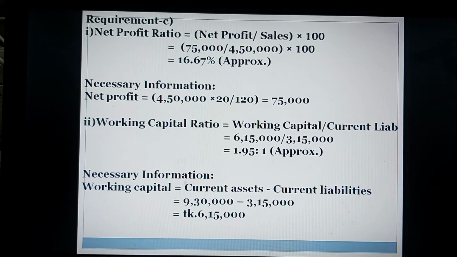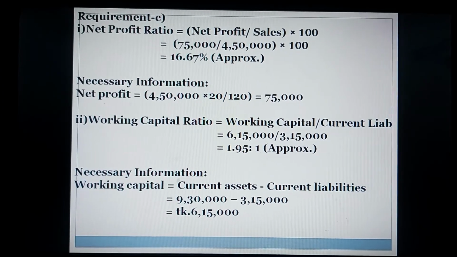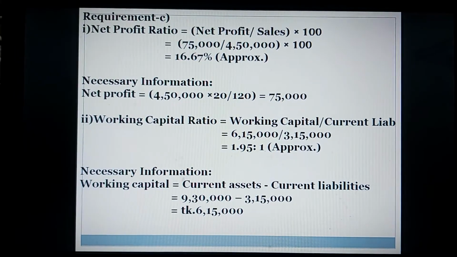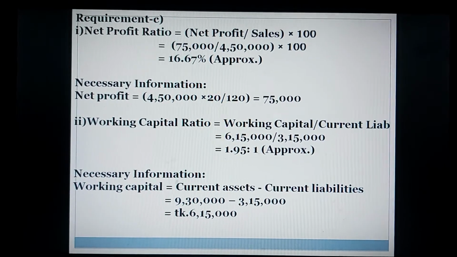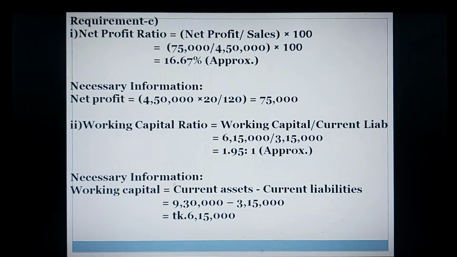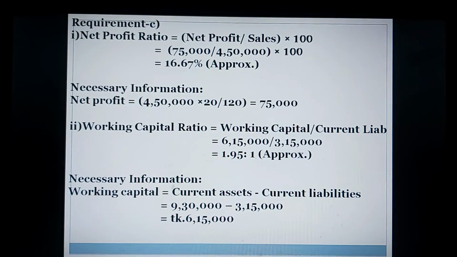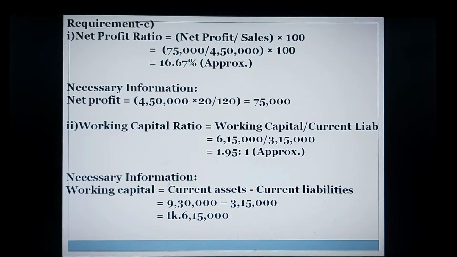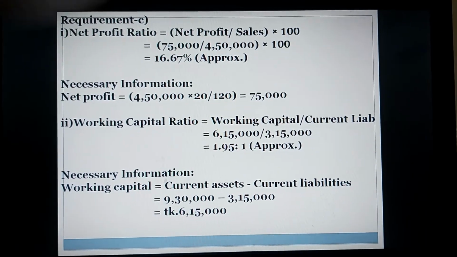So working capital is the amount 6,15,000. But from where you can take it? Current assets 9,30,000 and 3,15,000 for current liabilities. Now you can see in requirement A, current assets is 9,30,000 and current liabilities is 3,15,000.